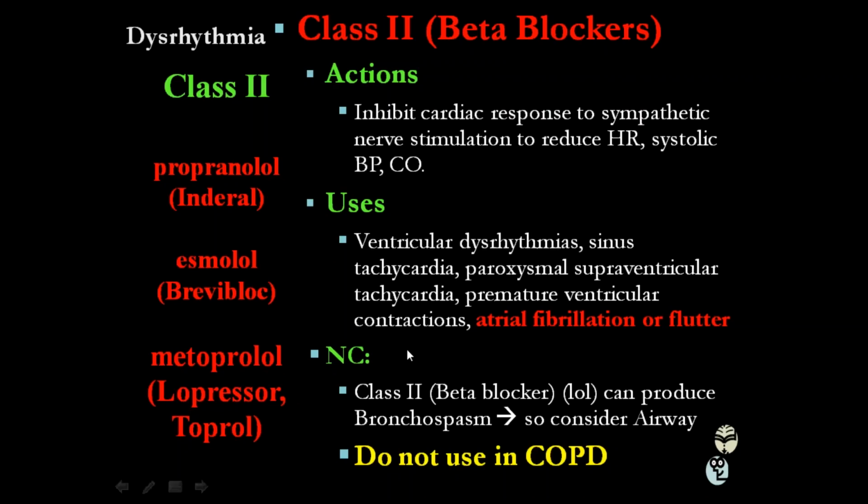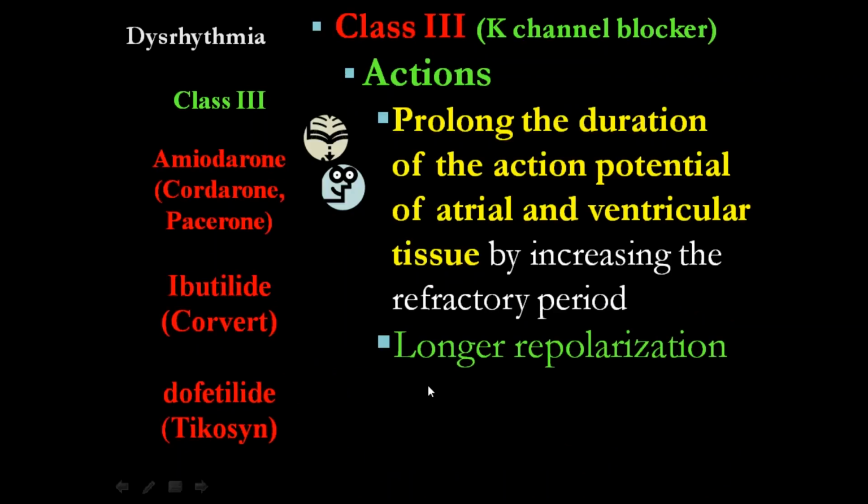Beta 2 blockade produces bronchoconstriction, because beta 2 agonists produce bronchodilation, but we are talking about beta blockers, and because there is no truly selective beta blocker, they can affect beta 2, blocking beta 2. That means bronchoconstriction. So that's why we don't use them in COPD.